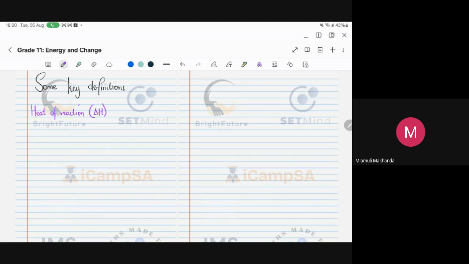Then, as we continue with the lesson, I'll include examples and graphs, and you'll be able to see how these integrate. The heat of a reaction, or the enthalpy change of a reaction, is typically defined as the energy absorbed or released per mole in a chemical reaction.